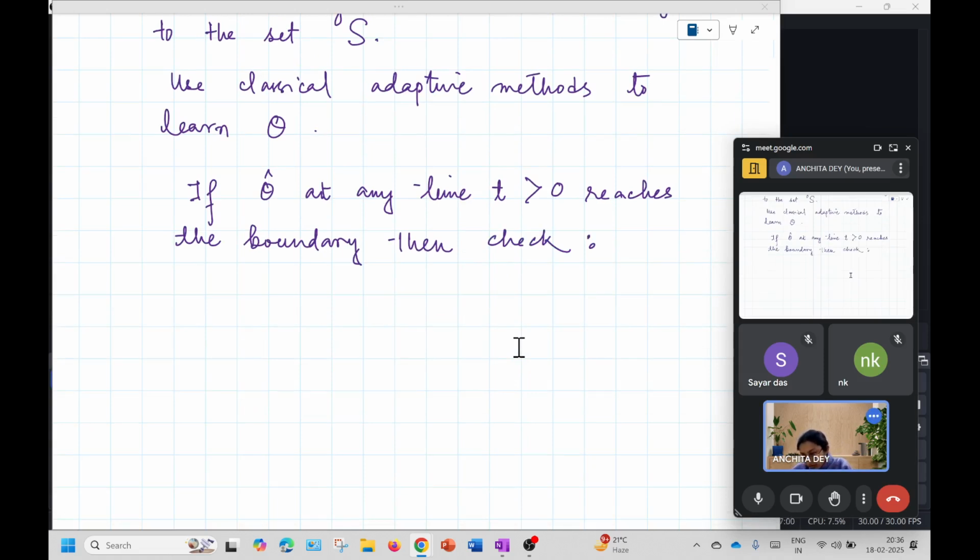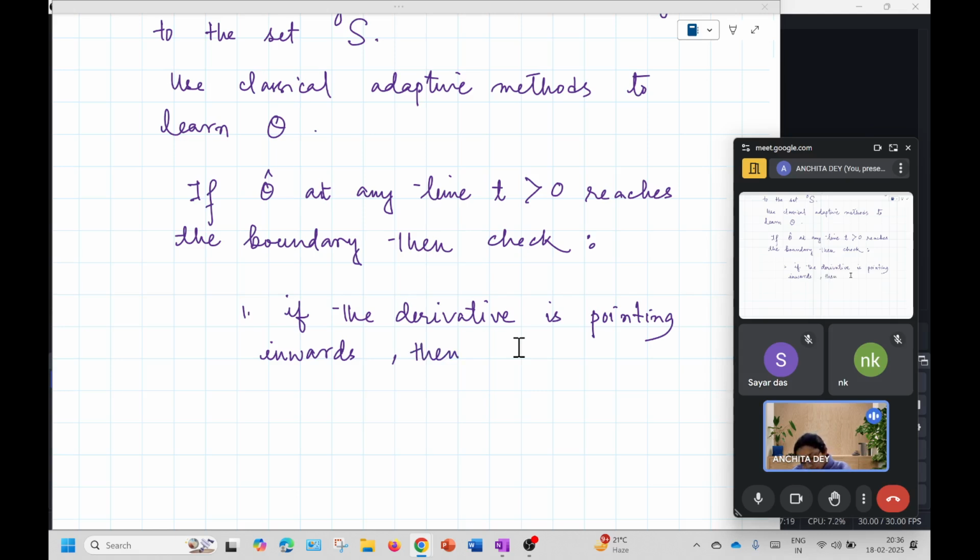Number one, if the derivative is pointing inwards, that means towards the set, then there is no need to change, no modification is needed, and we are good to go.